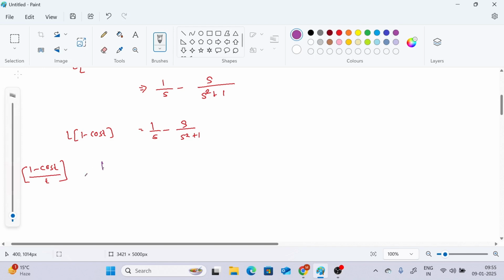By applying the division rule, what can I write here? Integration from s to infinity of the bar, that is 1 upon s minus s upon s square plus 1, into ds.